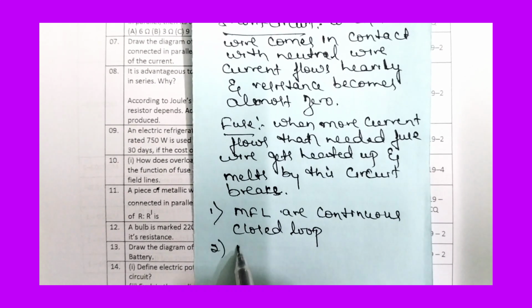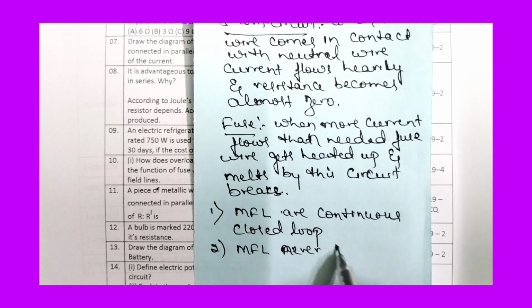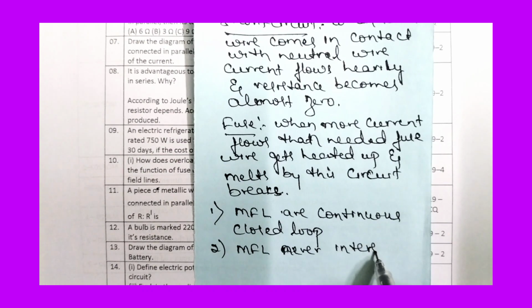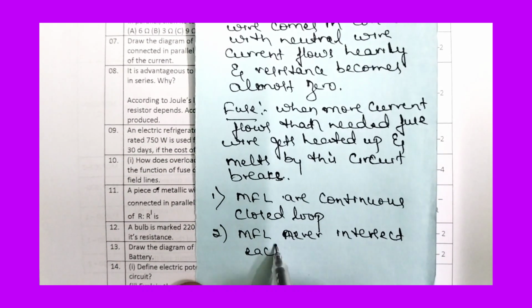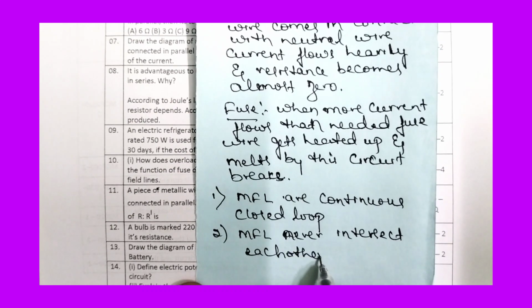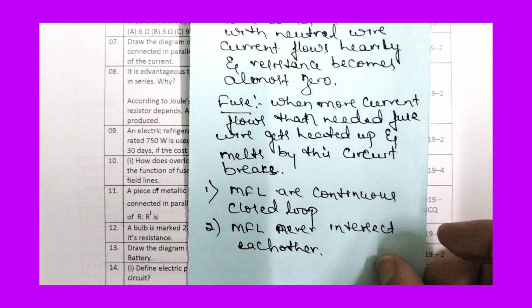Second property, magnetic field lines never intersect each other. ಸೊ ಎರಡು ಕೇಳಿದ್ದಾರೆ, ಇದು ಚಿಕ್ಕದಾಗಿರೋದ್ರಿಂದ ನಾನು ಎರಡು ಬರೆದಿದ್ದೀನಿ. So let us move to the 11th question.